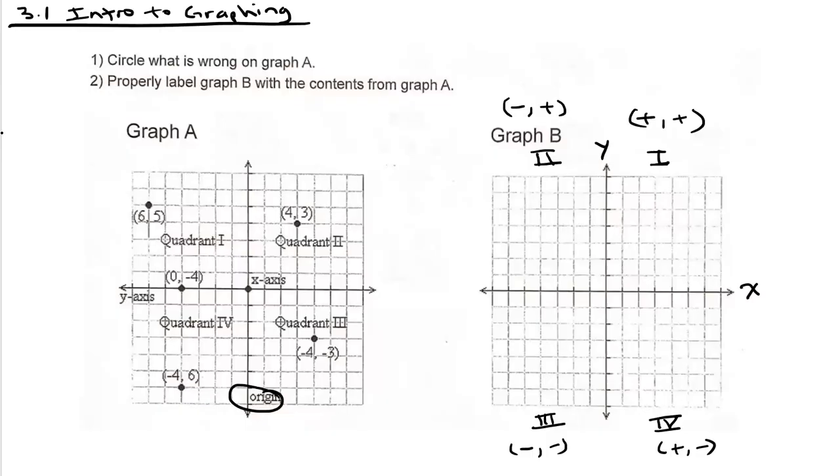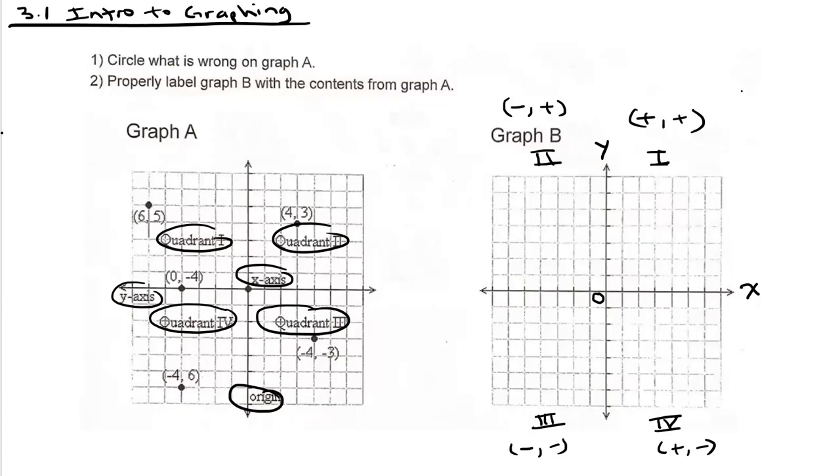It's in the center, right? So let's put O for origin. All right, so that's our origin here. So far we should have circled the x-axis, the y-axis, that's not right. All the quadrants are not correct, right?